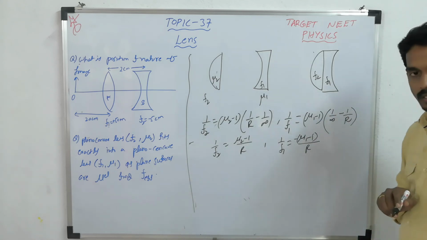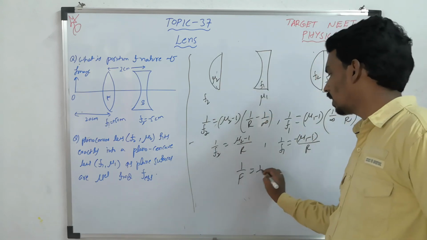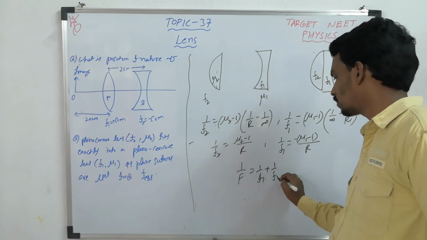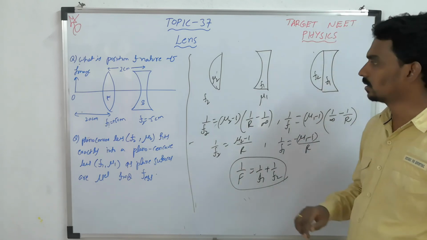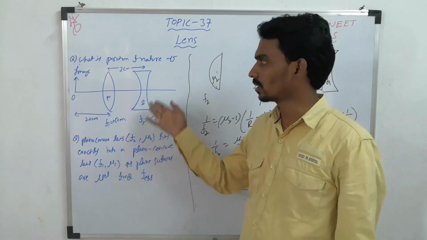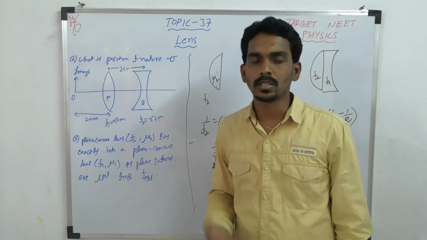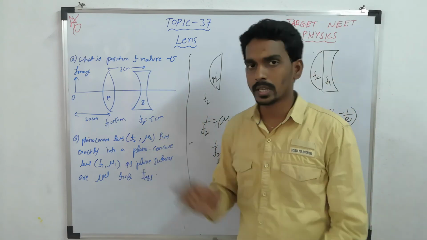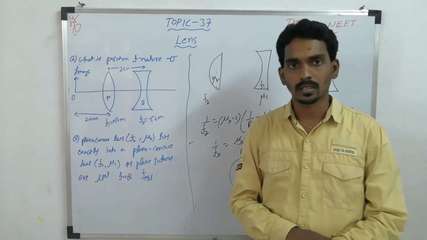Here it is a combination, so the resultant focal length is 1 by f1 plus 1 by f2. So you have to take the combination. This is the way you can solve combination of lens questions or lens maker's formula based questions. So try to take care of proper sign convention. Hope you all understood. Thank you.